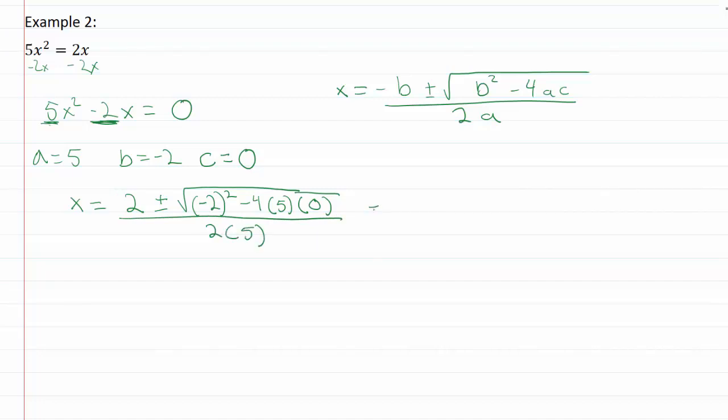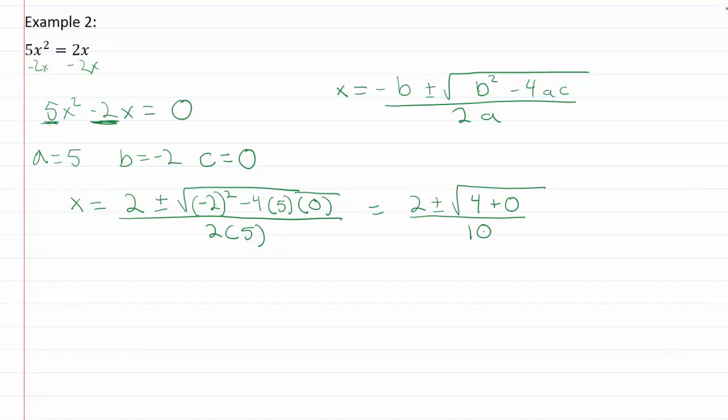Okay, so now we're going to end up with a 2 plus or minus the square root. So this negative 2 squared will just give us a positive 4. And then we've got 4 times 5 will give us 20. And then 20 times 0 will just leave us with a 0. So we've got plus 0 underneath there. And then 2 times 5 will give us 10.